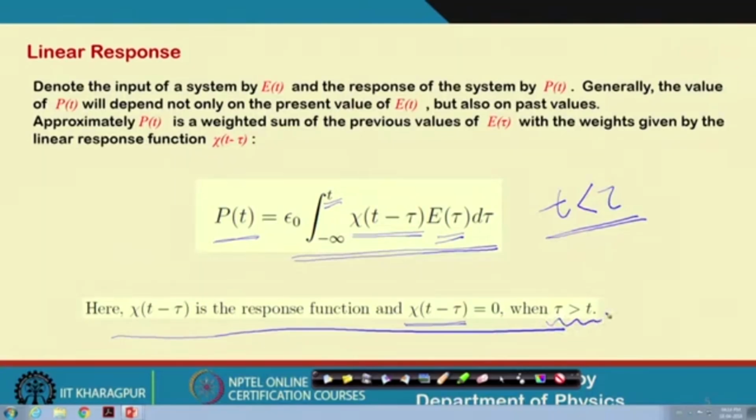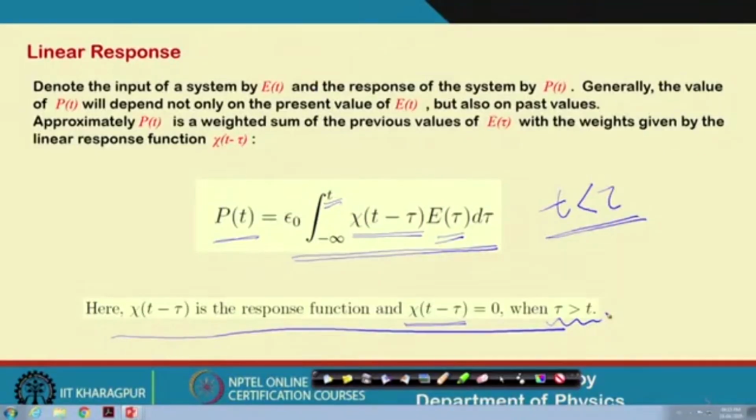So, negative argument of the chi is not valid here, it should be 0. If that is not the case, then in this system I will have the response before applying any kind of electric field. So, polarization will be in the system before applying the electric field, which is not possible.